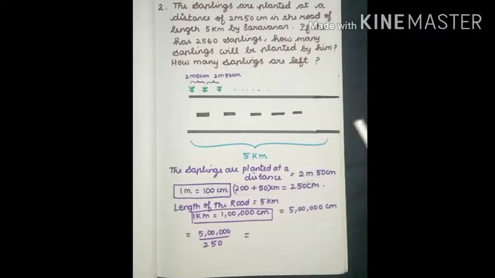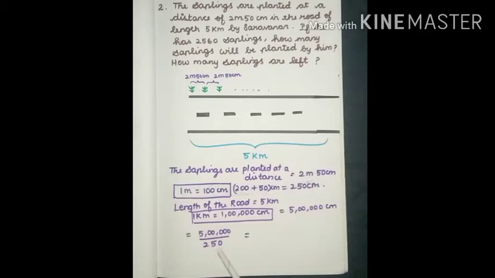The next step is what? Yes, we have to find how many saplings will be planted and how many saplings are left. For that we have to divide 5 lakh by 250. The total length of the road by the distance at which the saplings are planted. The total length of the road is what? 5 lakh.